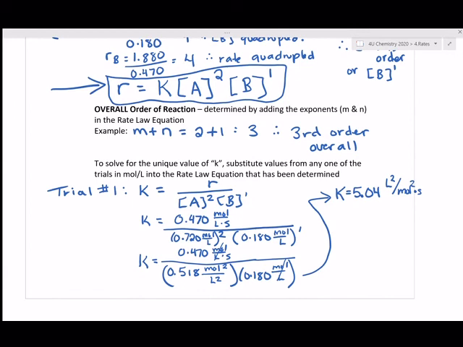So the unit for K changes depending on whether it's a first order, second order, zero order reaction. You'll get different units.